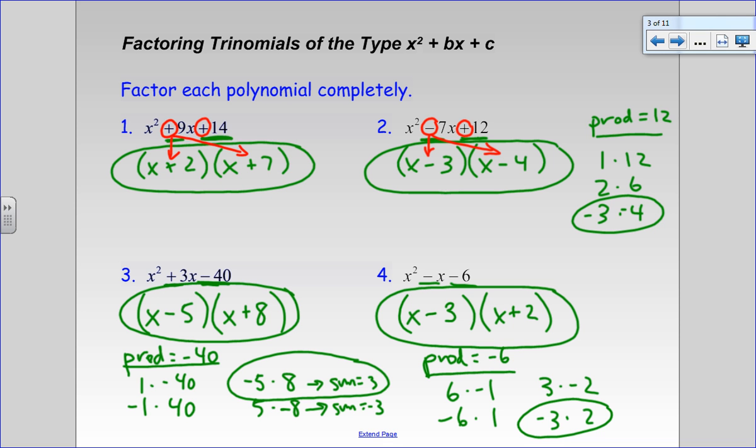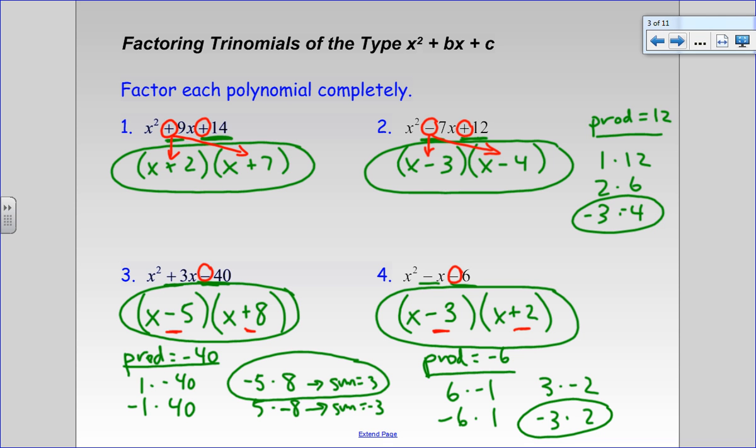What about examples 3 and 4, where the constant term is negative? Well, with the constant term being negative, the only way to get a negative product is to multiply a negative number times a positive number. So notice that in both these answers, we have one binomial containing a negative constant number, and the other one containing a positive constant number. Now, how do we determine which one is negative or positive?